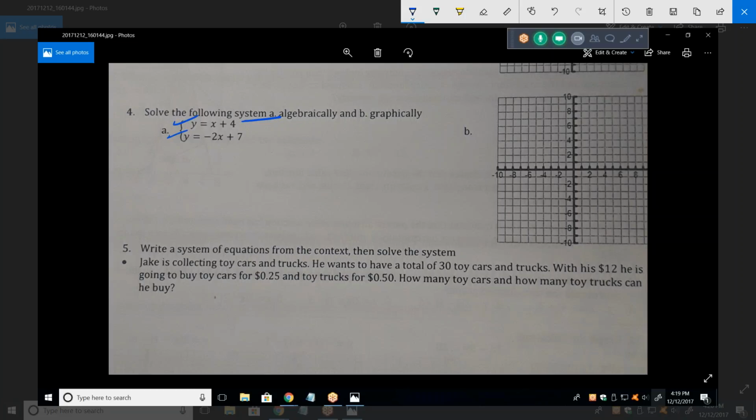Therefore, the right sides are equal to one another. Remember, that's the same y. They're not different y's. They're both the same y because we're talking about a system of equations. Y is always y. Now, solve that. That's a single equation, single variable. Pretty easy to solve. Go ahead and solve it.